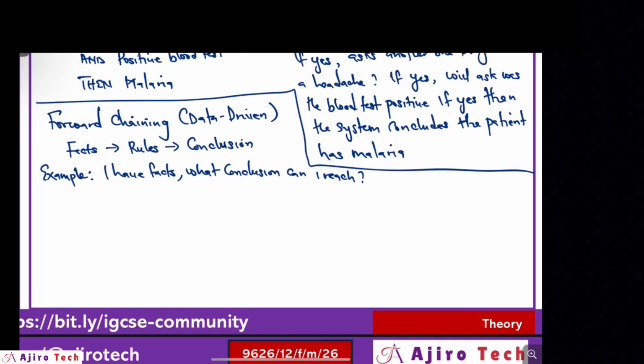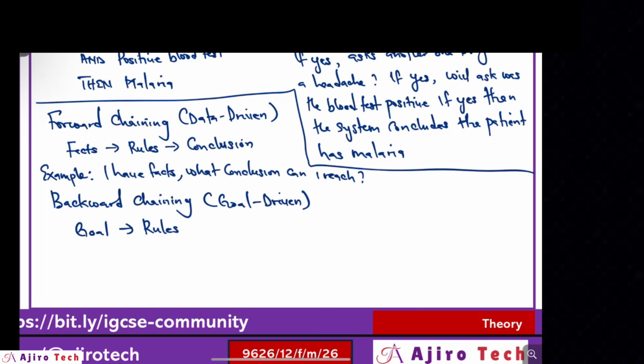Now, let's look at backward chaining. This is goal driven. So you have a goal, you have rules, you have facts.